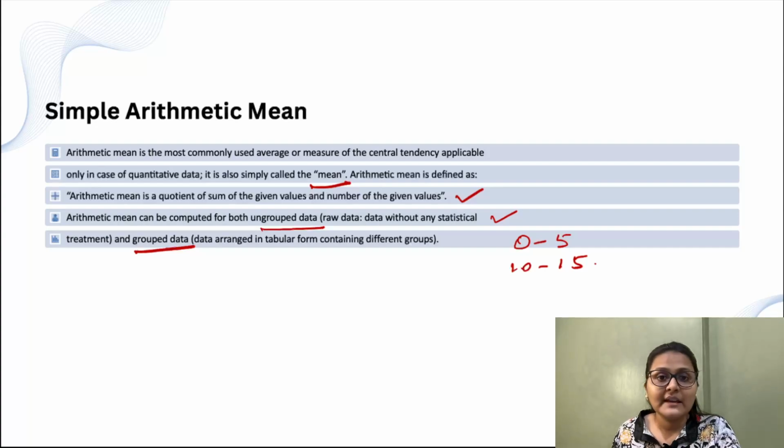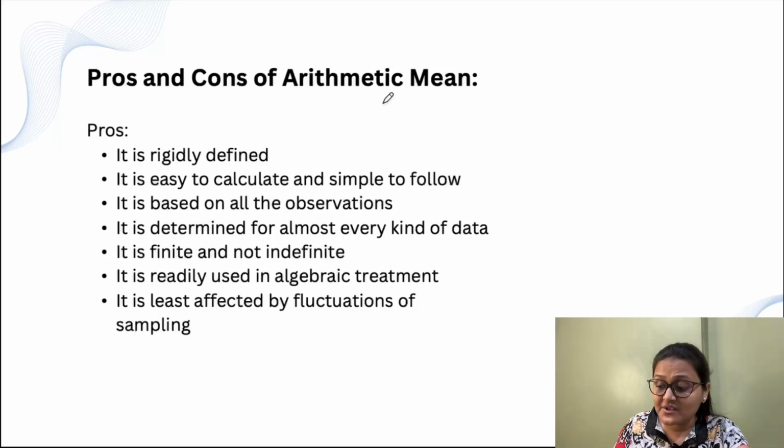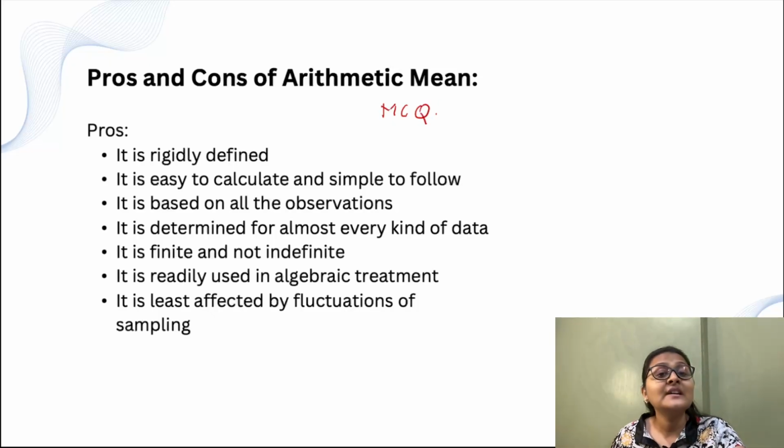Now next we are going to look at the pros and cons of arithmetic mean. MCQ questions are often asked from all these pros and cons of the various means, or we can say the central tendency. Questions are framed according to that. So what are the pros?